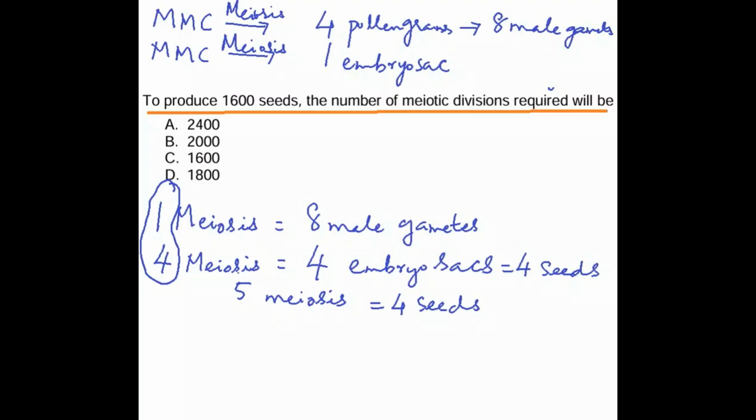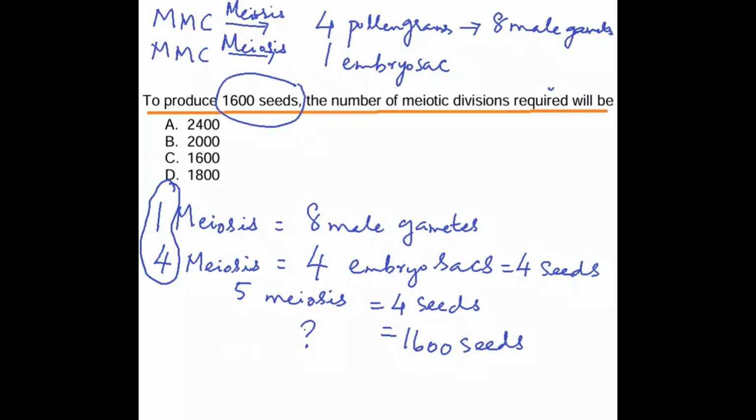But here in the question it is 1600 seeds. So for 1600 seeds, how many meiotic divisions are required? That is the question.